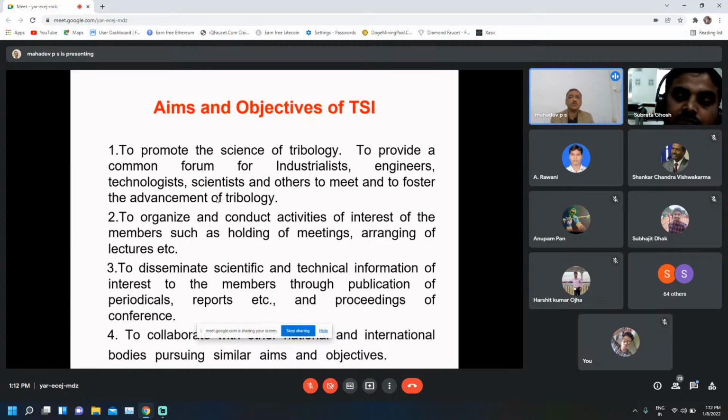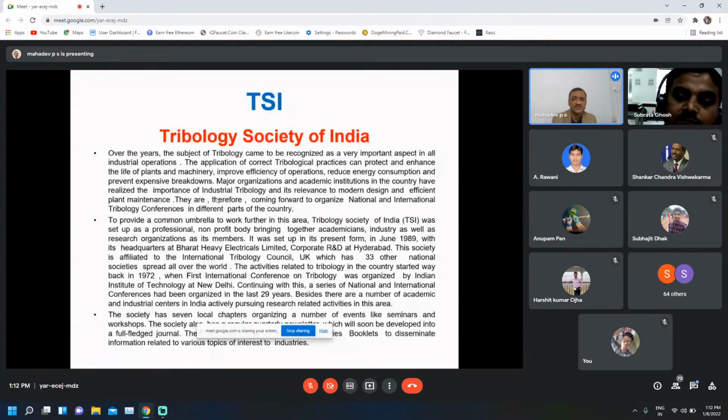Presently, Satish V. Kailas sir and some people from IOCL, Indian Oil Corporation Limited, are heading this society. Many people from industries like BHEL and many R&D organizations, CSIR, and even international organizations are involved. Recently, they conducted Tribo India 2021 international conference in New Delhi.